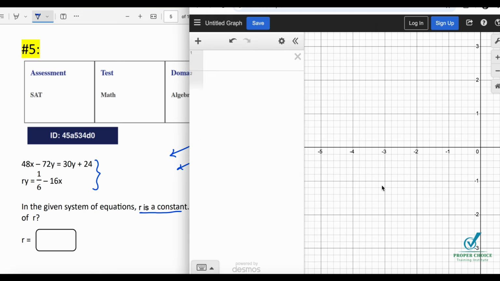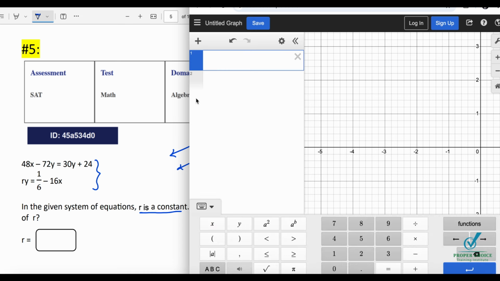So what should I do now? Type these equations as they are on DESMOS and check for what value of R the graphs of these two equations turn out to be parallel. Type it the way it is given, 48x minus 72y equals 30y plus 24.